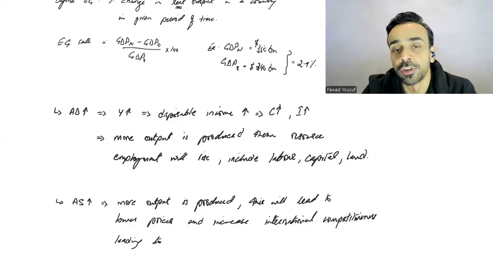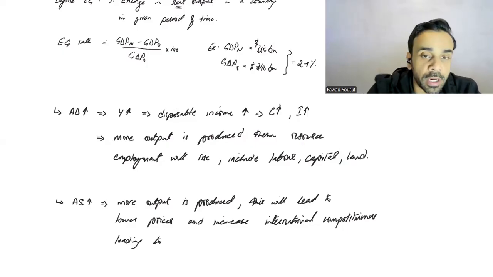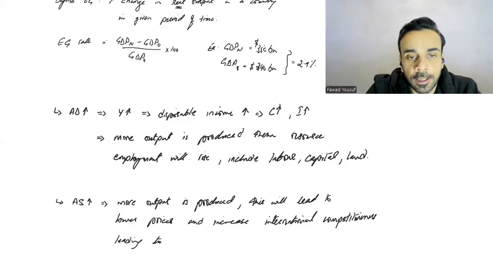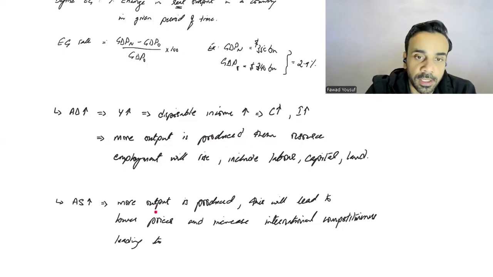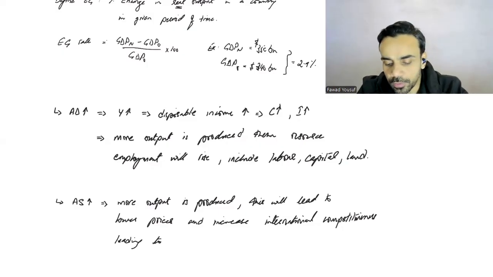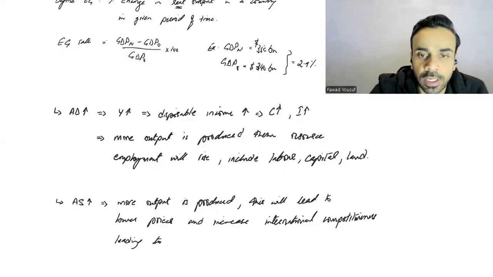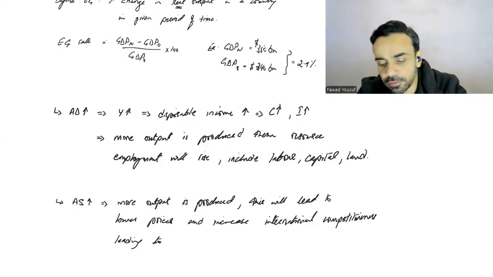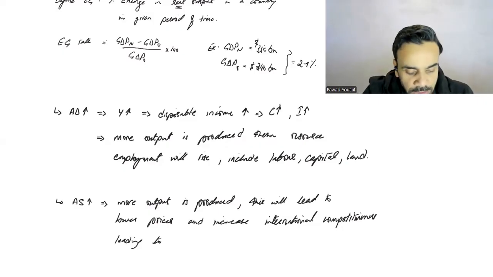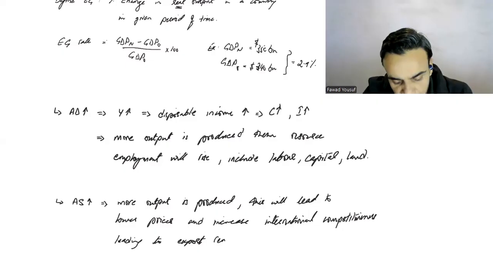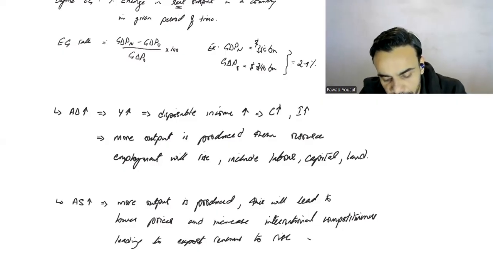So the limitation of economic growth is that the prices are going to go up. लेकिन यहाँ पे तो जब potential increase होगी, तो that will actually lead to lower prices, and then international competitiveness will increase, and that will lead to exports revenue to rise, and improve the balance of payment.